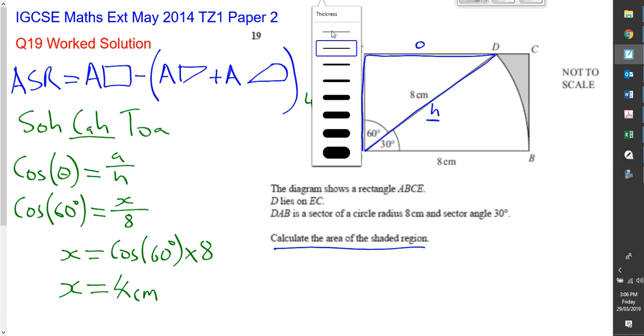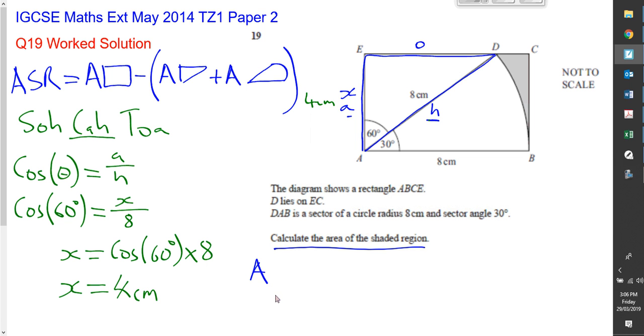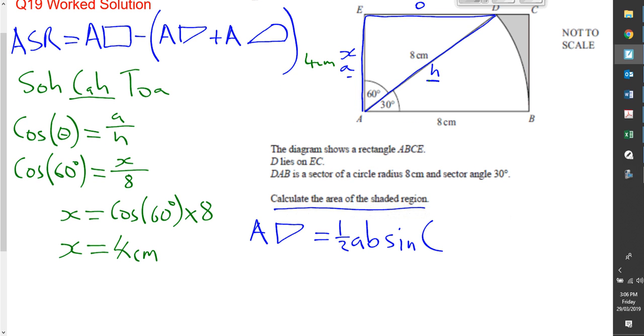So now we can actually apply our sine area rule. The area of a triangle is equal to half ab sine C. What that means is we need the angle in between two sides for this rule to work.